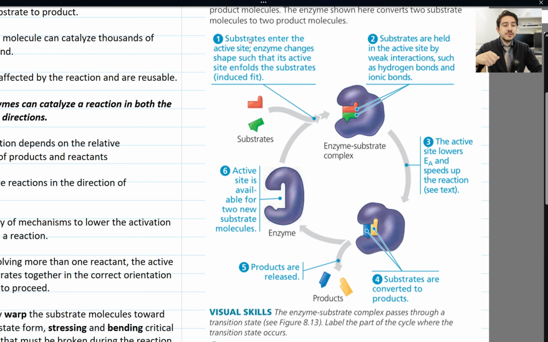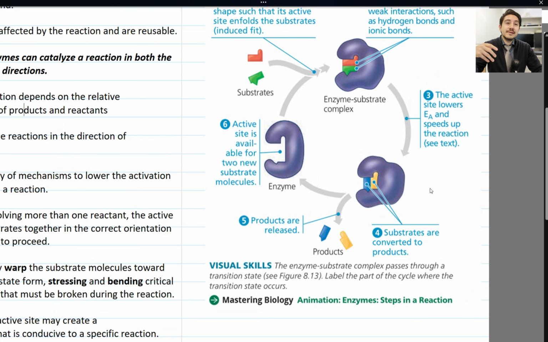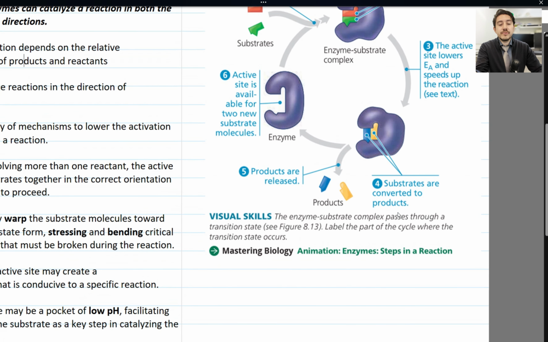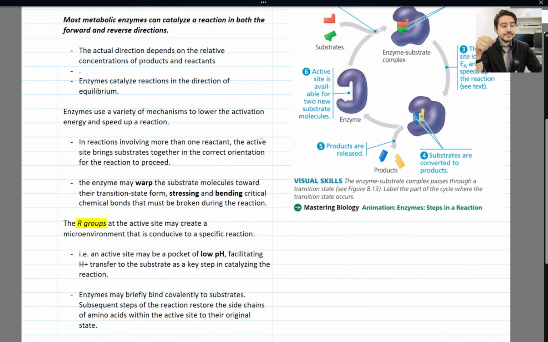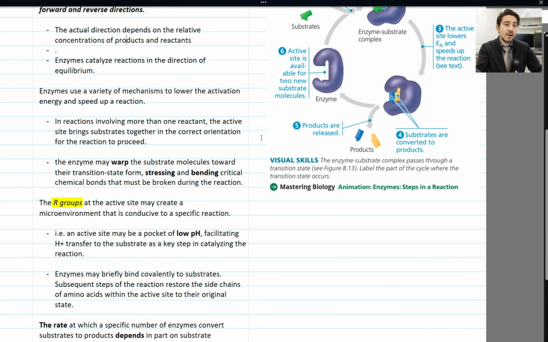So substrates enter the active site, and the enzyme changes its shape so that the active site will engulf the substrate a little bit, held down by weak interactions. This will weaken the bonds and lower the activation energy. Because of that, the reaction will be able to proceed, and those initial substrates will turn into the products. Products are released, and the enzyme returns to its initial conformation.